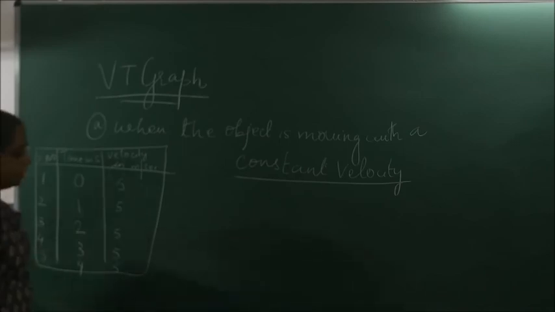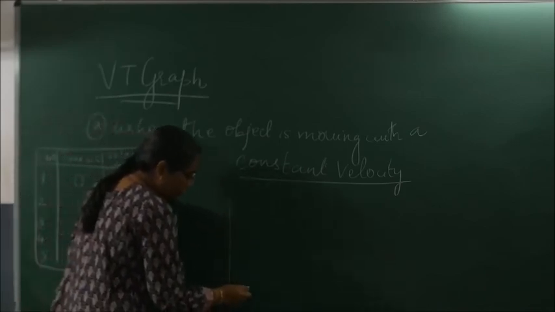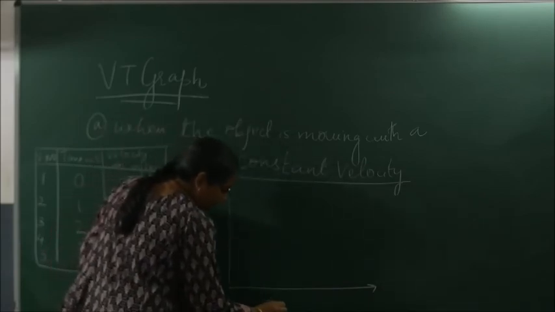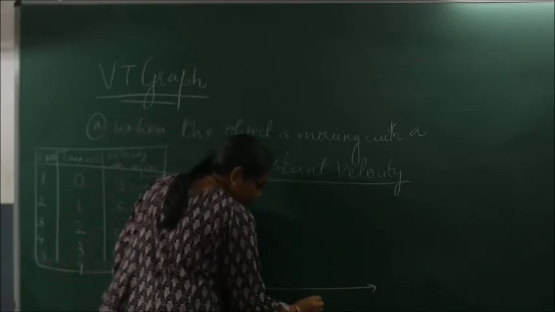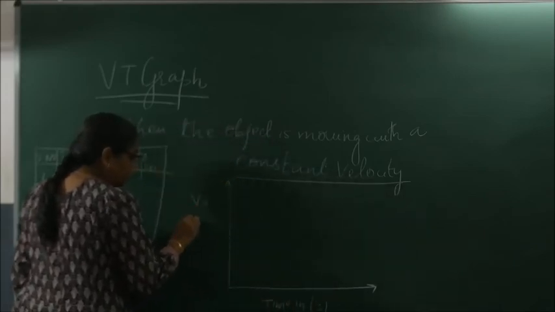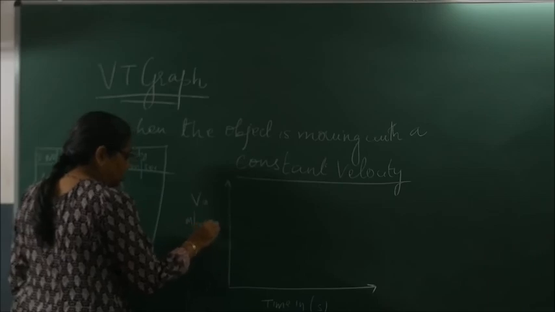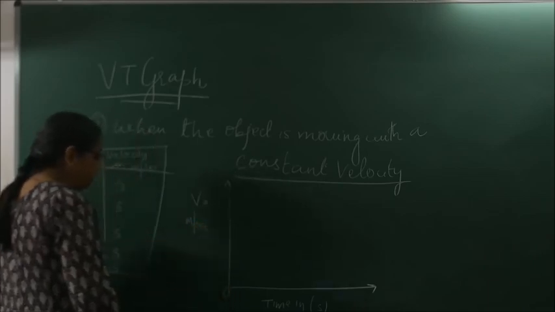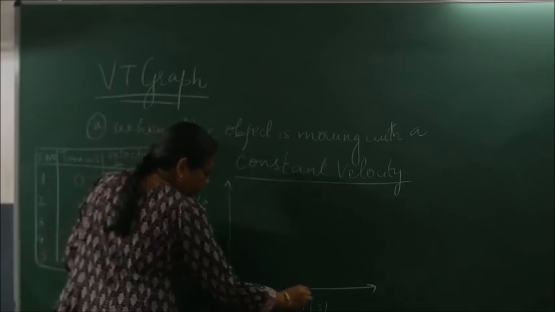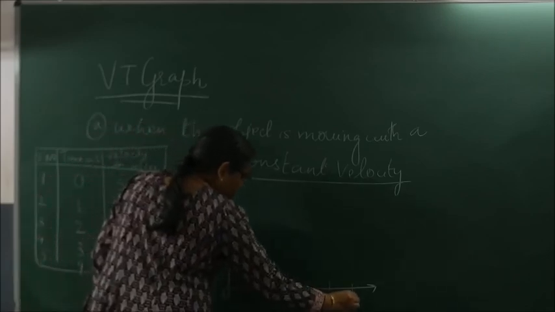So after drawing the table, we put it across in the graph. We have in the x-axis time in seconds, and in the y-axis velocity in meter per second. This is my origin, 0. So we have 0, 1, 2, 3, 4, and 5.